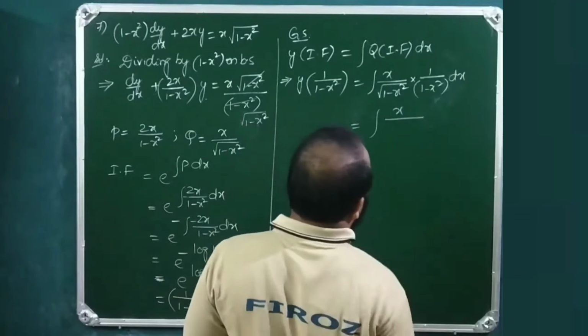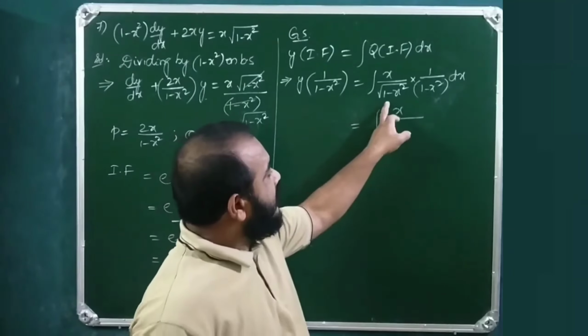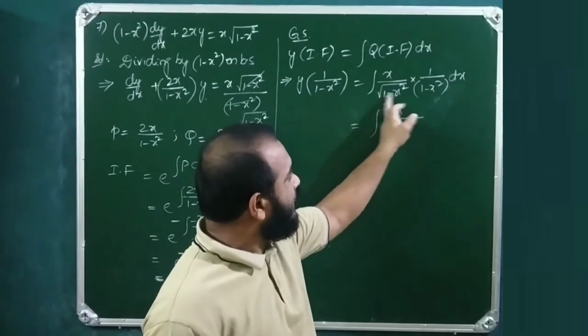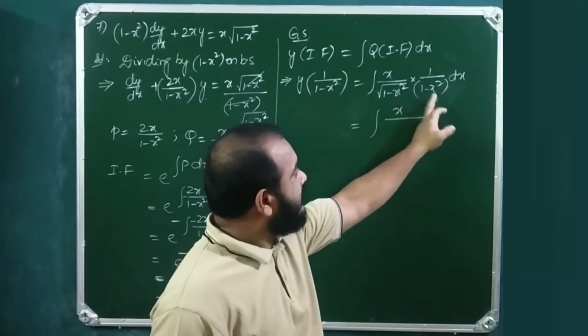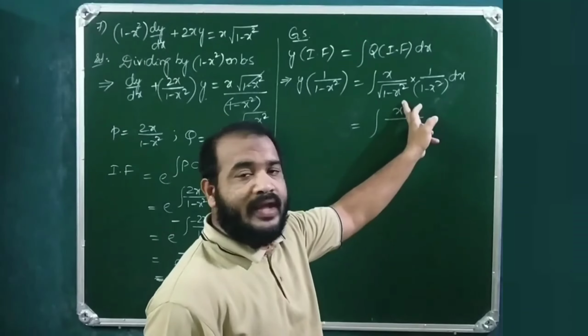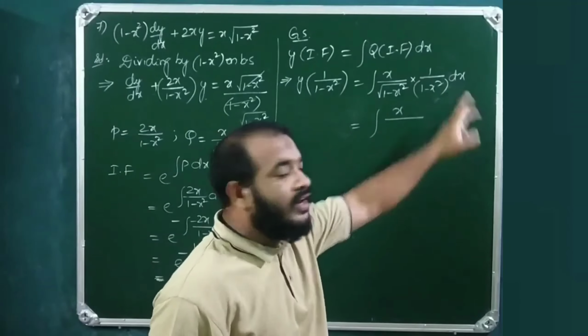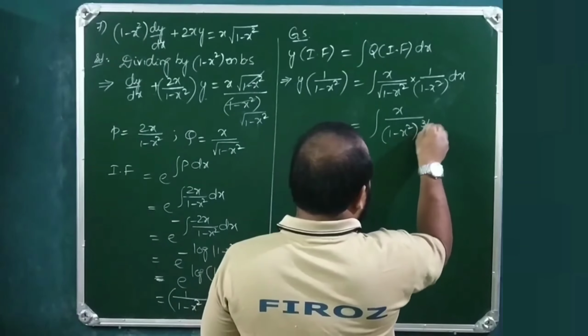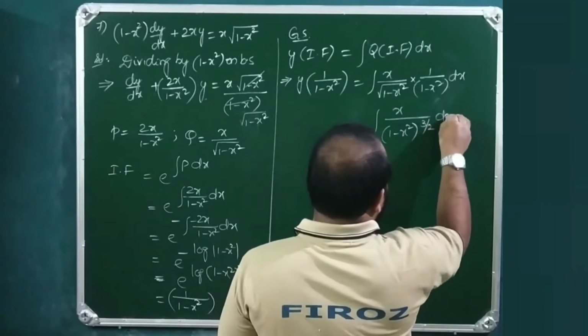So x by 1 minus x square under root can be written as 1 minus x square whole power 1 by 2. This is whole power 1. Bases are equal, exponents are to be added. 1 by 2 plus 1, 3 by 2. So this is 1 minus x square whole power 3 by 2 dx.